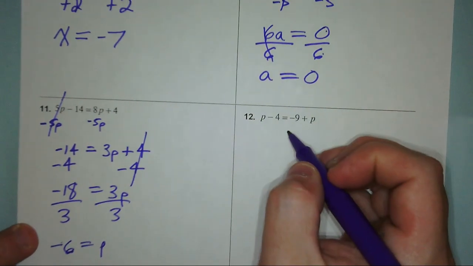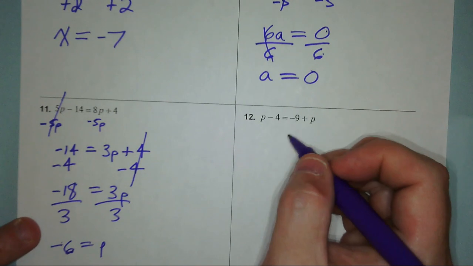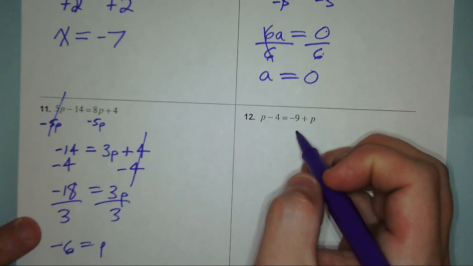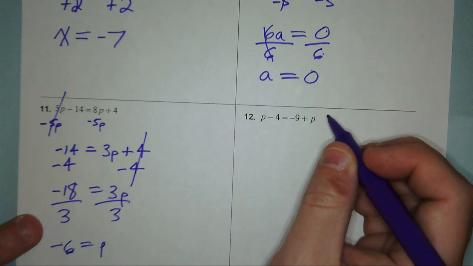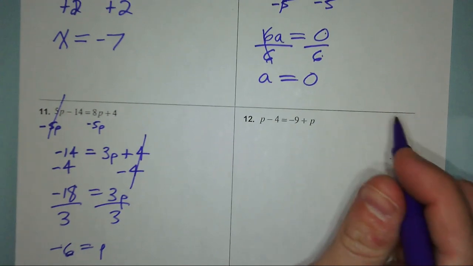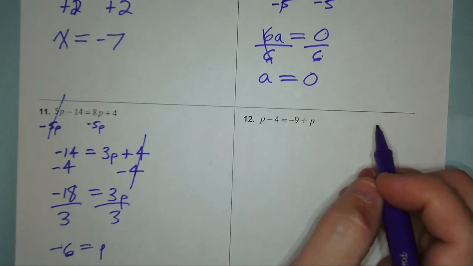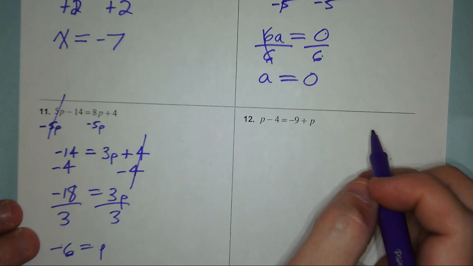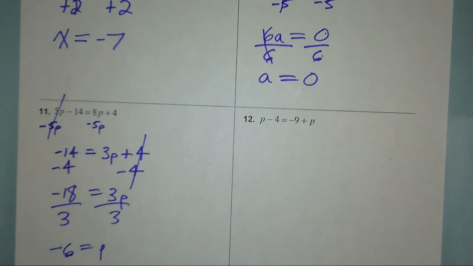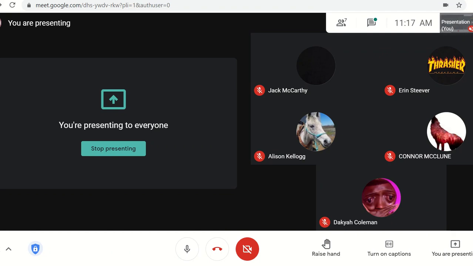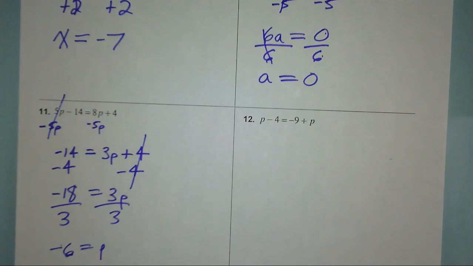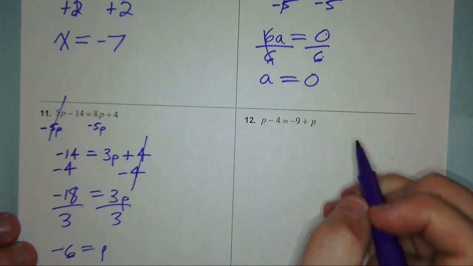Ooh, number 12. This is going to get a little interesting. Connor, what would you do to both sides first? Or what would you do first overall? What do you think, Connor?